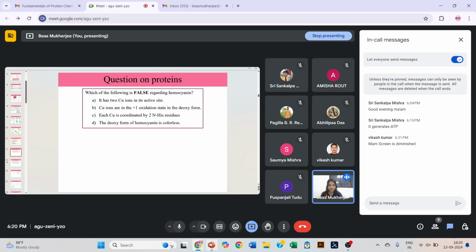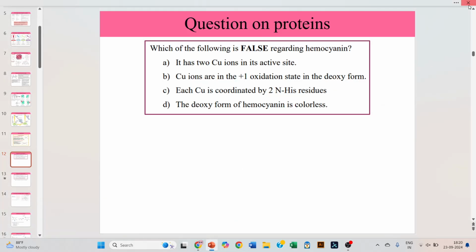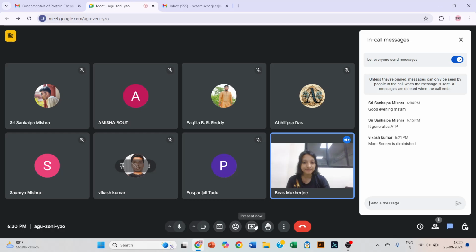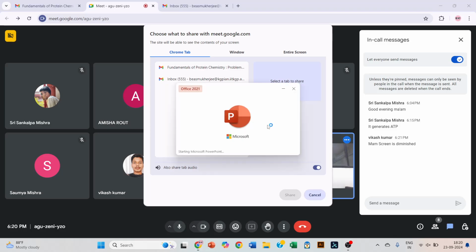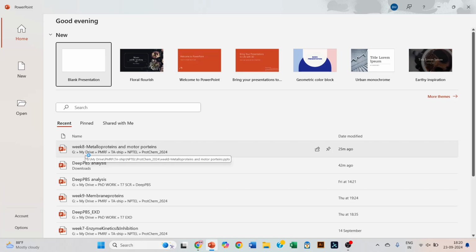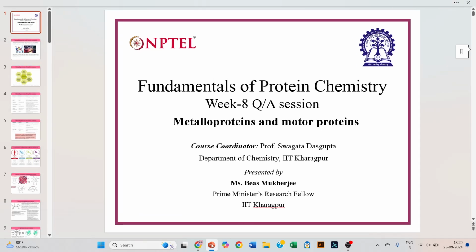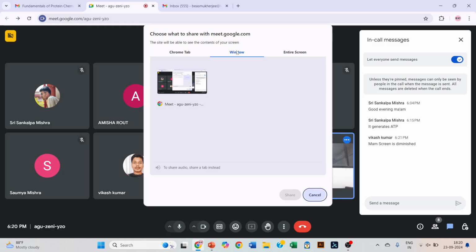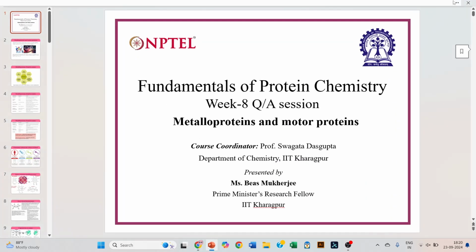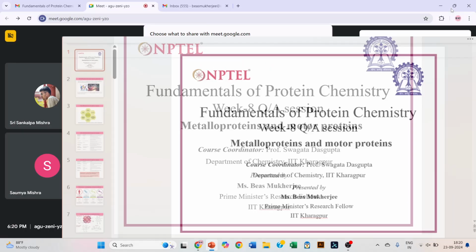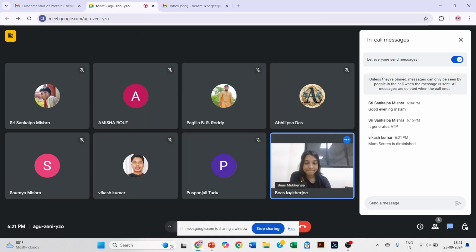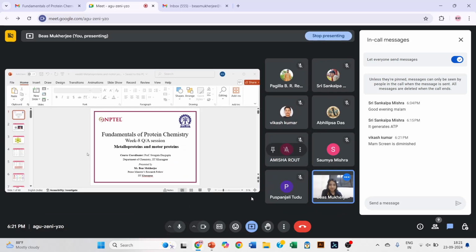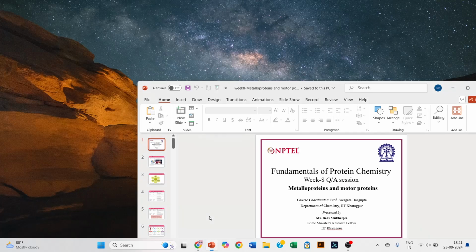Screen is diminished. Oh, is that so? One second. Okay. I'll share it again. Let's see. Tell me if it is okay now. Can you see the screen?